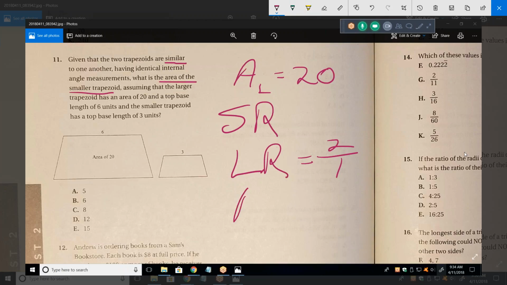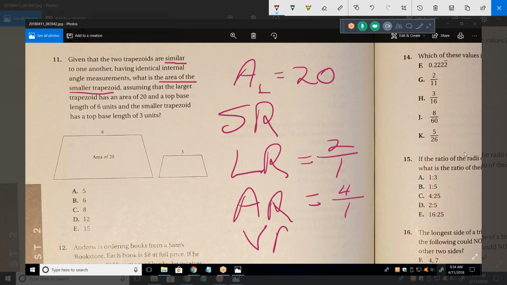Now, what is the area ratio, if the linear ratio is 2 to 1? It's 4 to 1. In other words, it's the square of the linear ratio. So the area ratio would be 4 to 1.